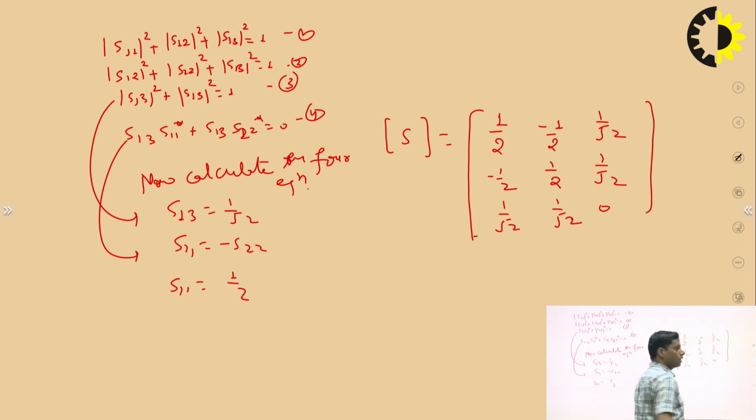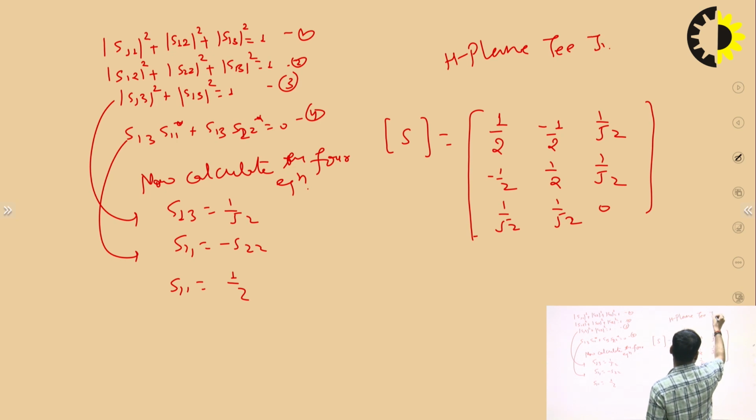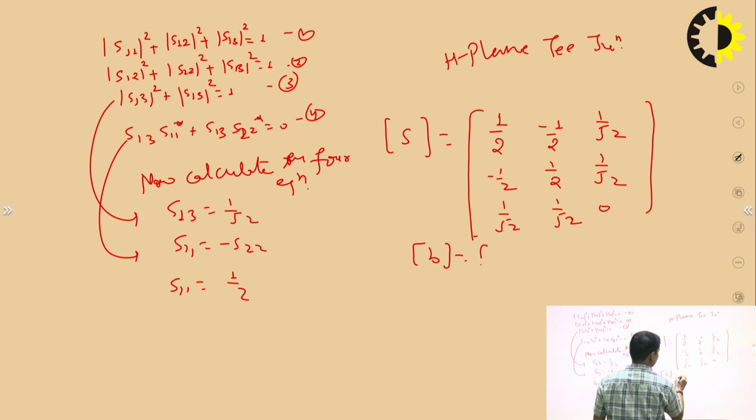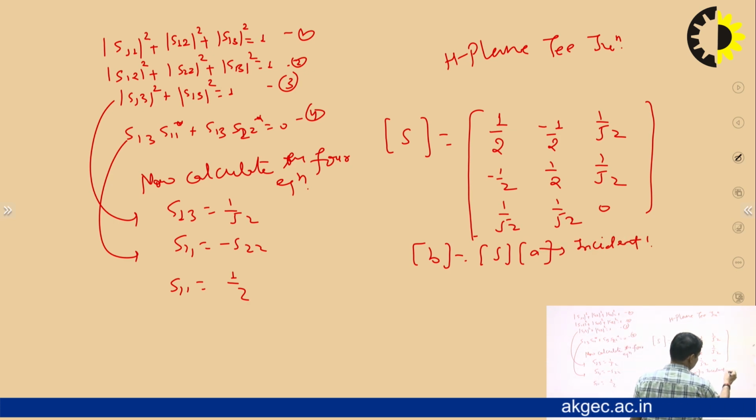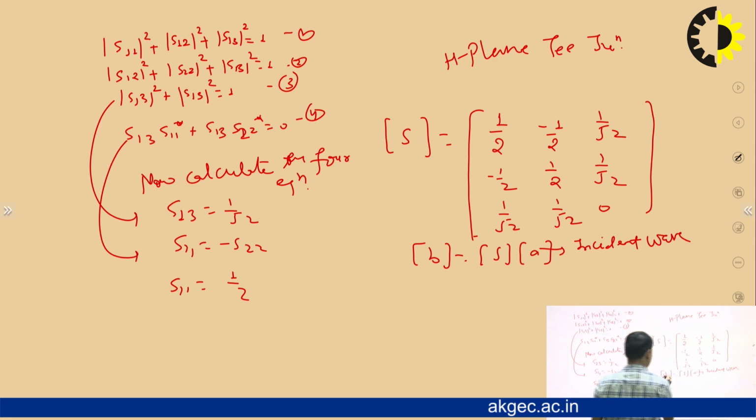So this will be the S matrix for the H plane T junction, and in the form of B is equal to S into A we can also apply this one. Here B is the reflected wave and A is your incident wave.